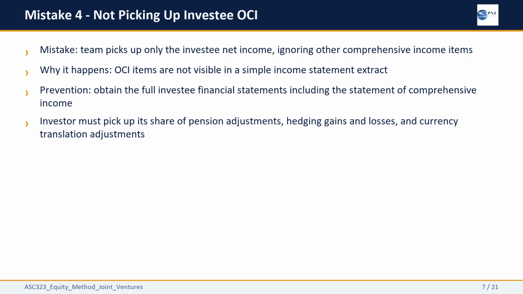These items bypass the income statement but still flow through your equity. If your investee has a significant pension plan or hedging program, the OCI impact can be material. The fix is straightforward. Make sure you are working from the full set of investee financial statements, not just the income statement.